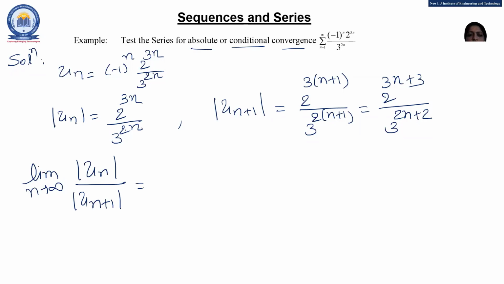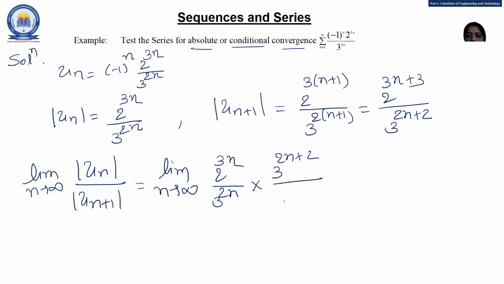So what is mod un? My limit n tends to infinity, mod un is 2 raised to 3n upon 3 raised to 2n, into the reciprocal of mod un plus 1, that is 3 raised to 2n plus 2 upon 2 raised to 3n plus 3.